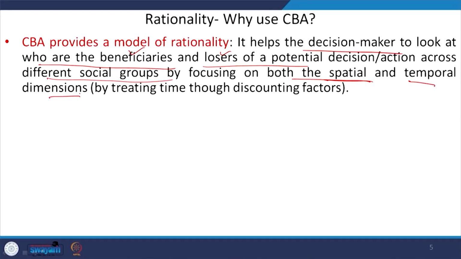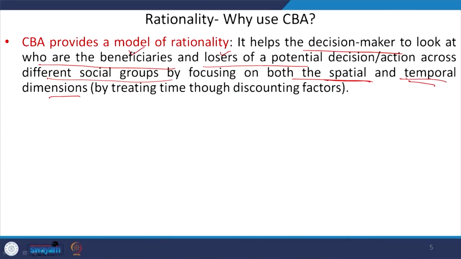In that way, it gives a tool which represents not only the present generation's needs, but also the future generations' benefits and costs out of this particular policy or project.